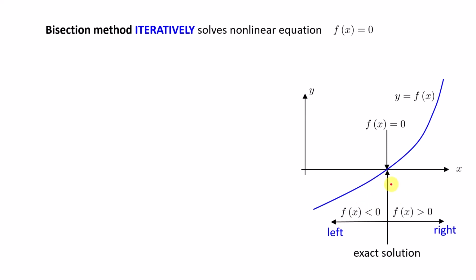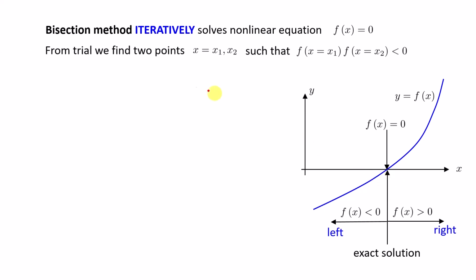So now what we do is take some trials, and from our trials we identify 2 points, x1 and x2, such that f(x1) multiplied by f(x2) is less than 0. What does that mean?